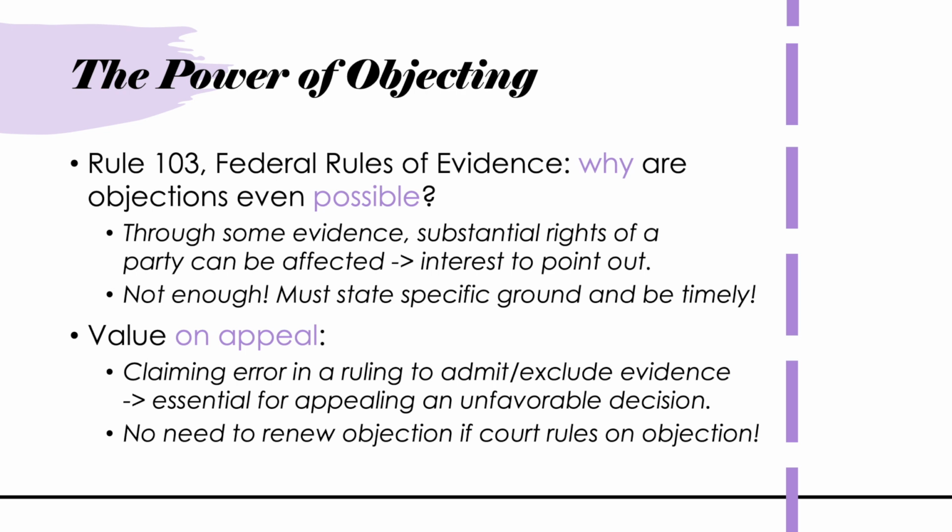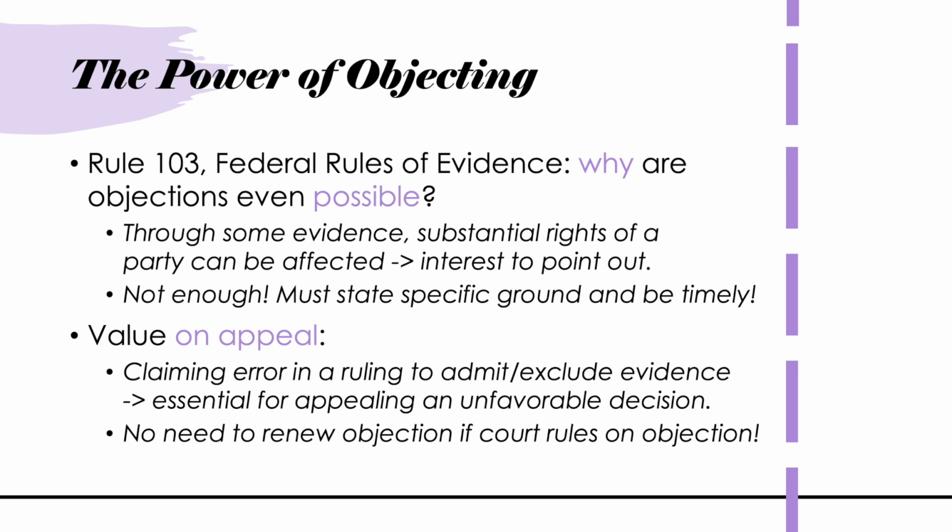This depends on the case, but there are rights of that party, and those substantial rights, so rights granted by the Constitution, for example, but also simply rights granted by the process of the case, are a point of interest for said parties. It's an interest to point out violations of those substantial rights because, well, it's your rights that you want to protect.